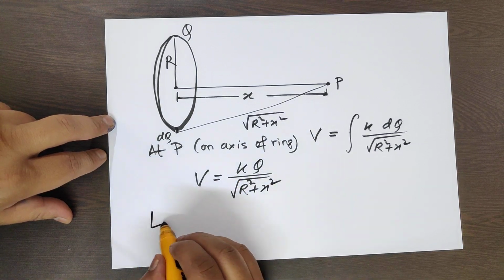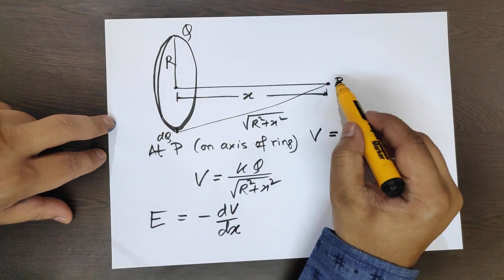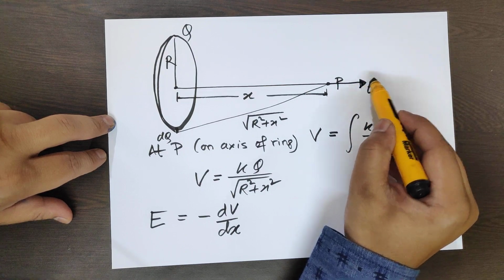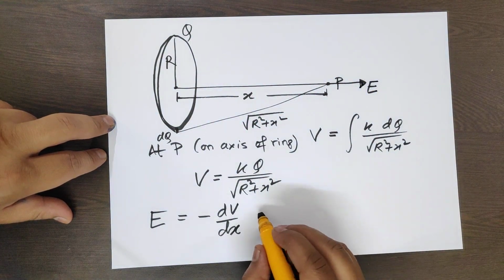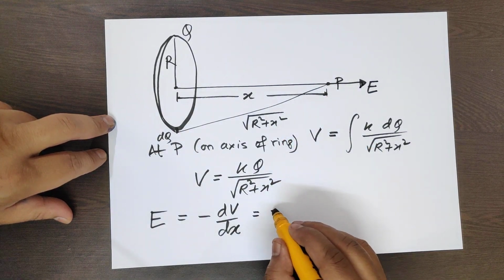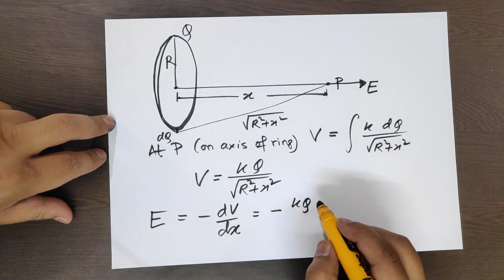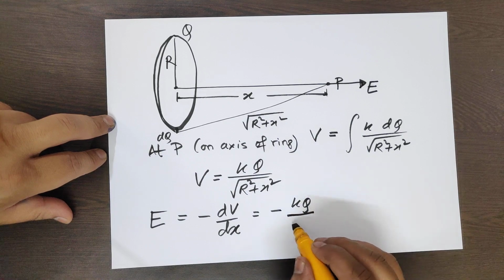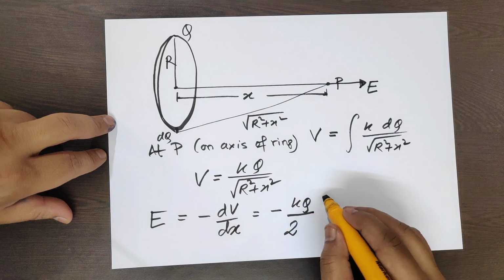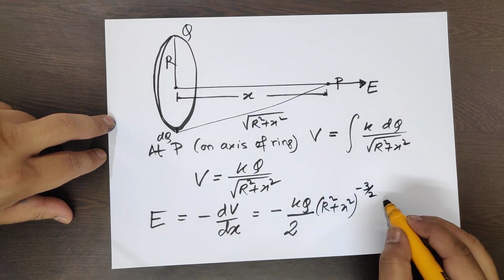And the field is equal to minus dV by dx, because you have to calculate the field here, and this field varies with x only on the axis. So minus dV by dx means minus of kq by, this will be 2, r square plus x square to the power minus 3 by 2 times 2x.